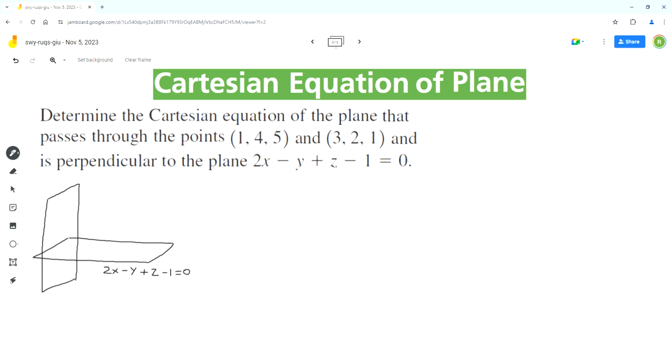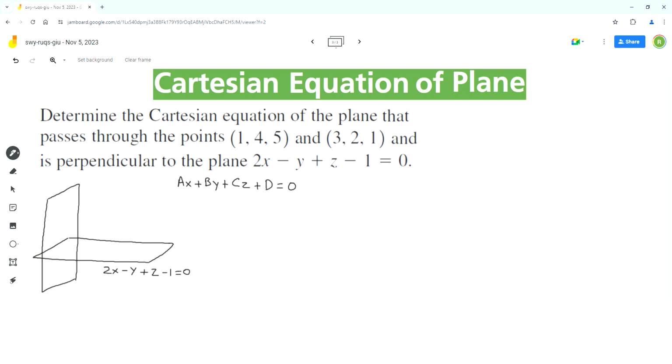Next, we should write the general equation of a plane in Cartesian form. In this equation, a, b and c are the coefficients of x, y and z terms.